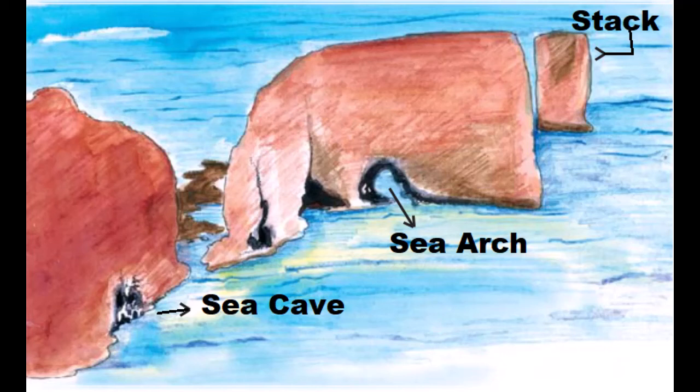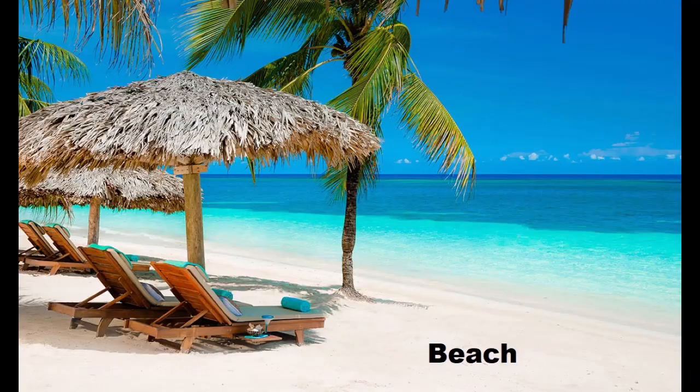When the roof of the sea arch is further eroded, it collapses and pillars of rock are left in the open sea. These are called stacks, and a vertical wall facing the sea is called a sea cliff.